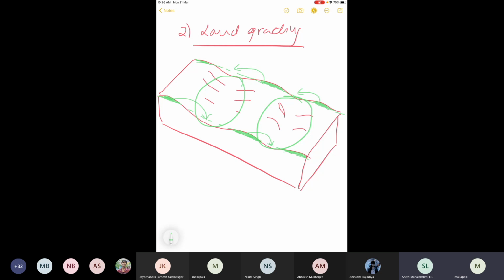So in order to have a proper grade, so that water can be drained easily from this place to, let's say, from here to here, without any difficulty. Our purpose is to remove the overland flow.